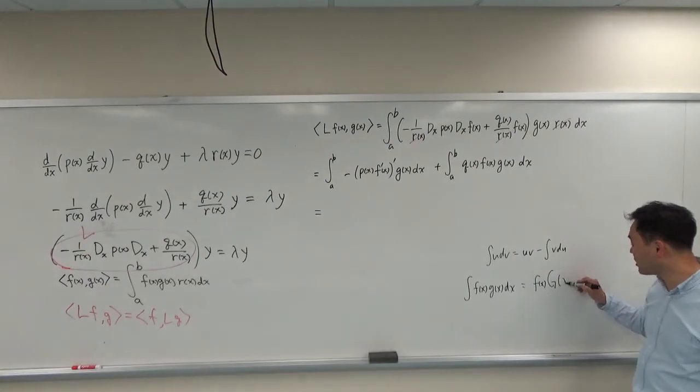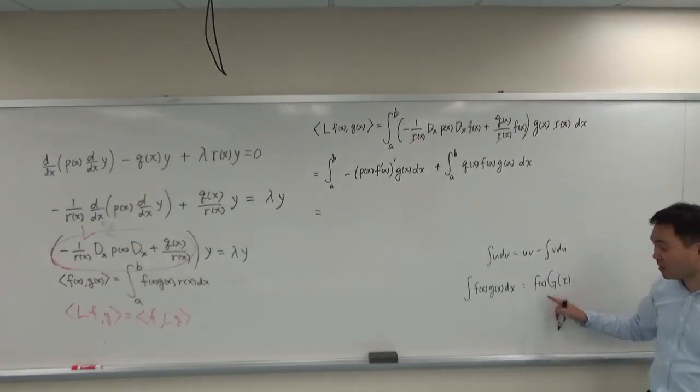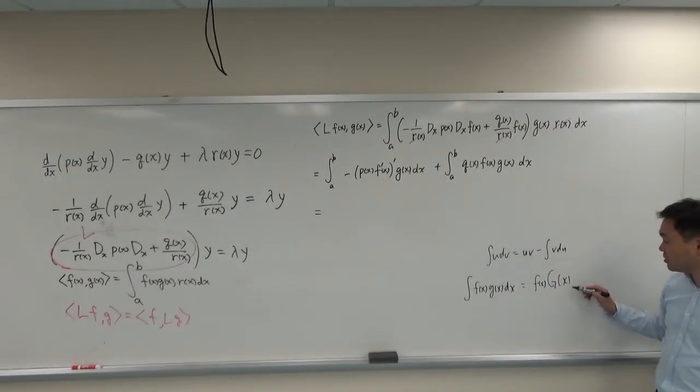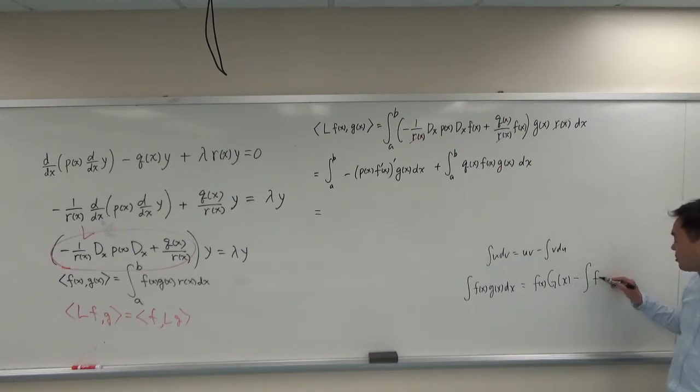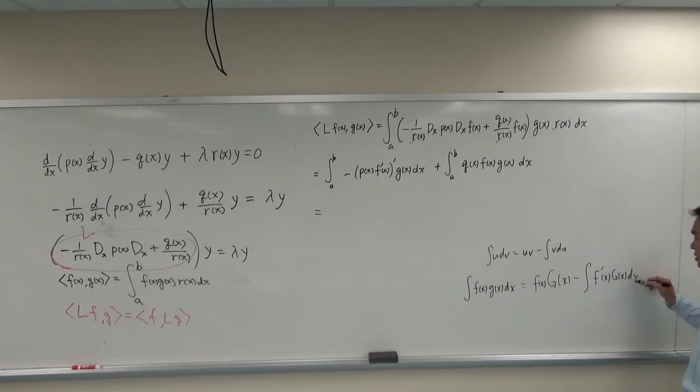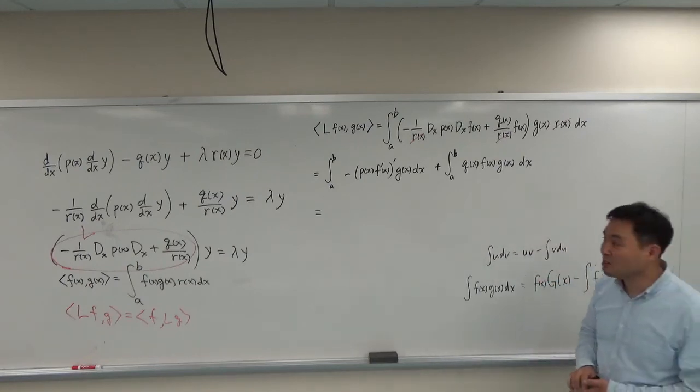So capital G(x) is like the antiderivative. You integrate one of them, minus you differentiate the one that you didn't integrate. This is equivalent to this one. Can you see that that's indeed the same? And if you do it like this, then it's easier to see what you're doing without having to choose which one's dv, which one's u. So let's just do it that way.